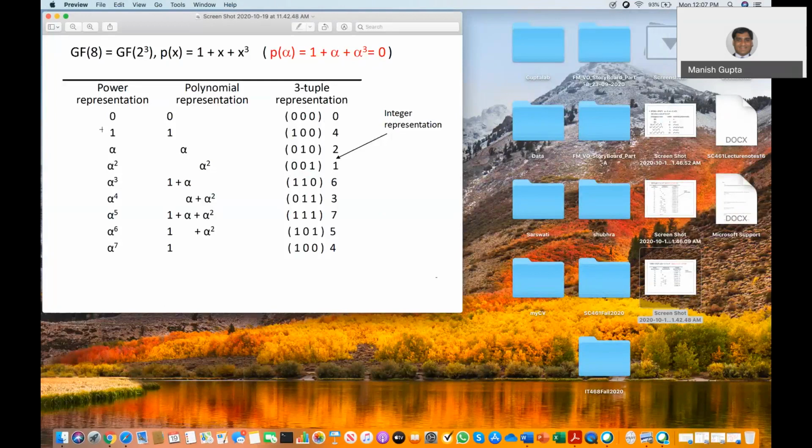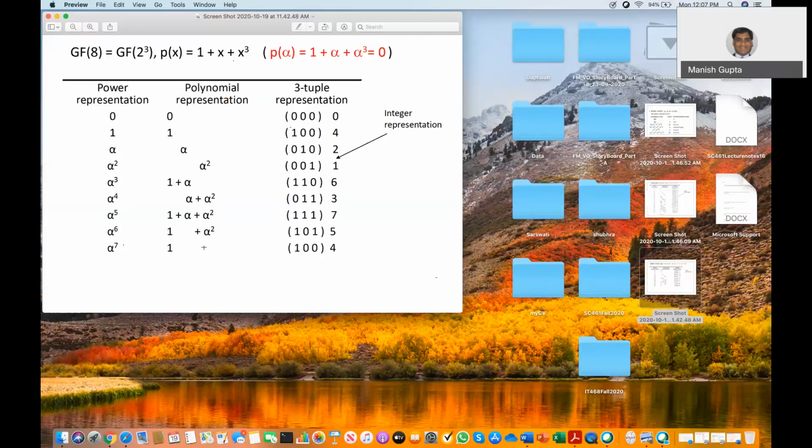Here is the field with 8 elements. The polynomial is 1 plus x cubed, and there is a power representation of the field elements, 0, 1, up to alpha^7. Then there is the polynomial representation, and the representation in terms of bits. I can represent 0 as 000, 1 as 100, alpha as 010, and so on.